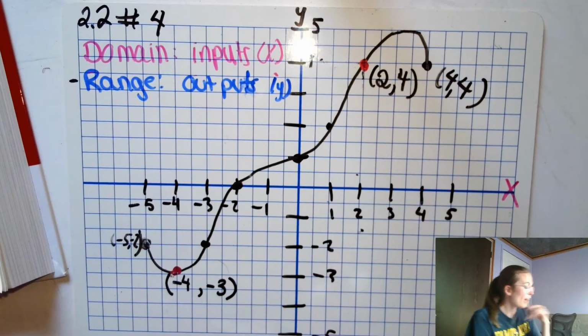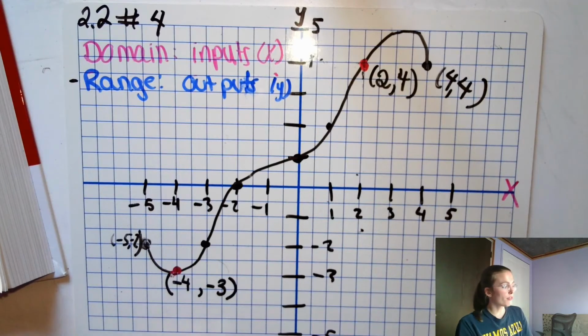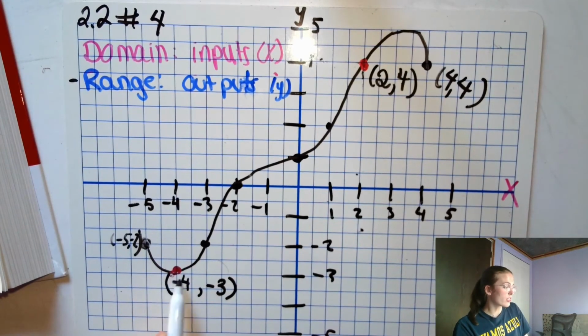Okay, and finally we need to find the range of f. The range of f is all possible values for the output, or in other words, all possible y values for this function. So we're going to look first for the smallest possible y value, and it looks like that's -3.